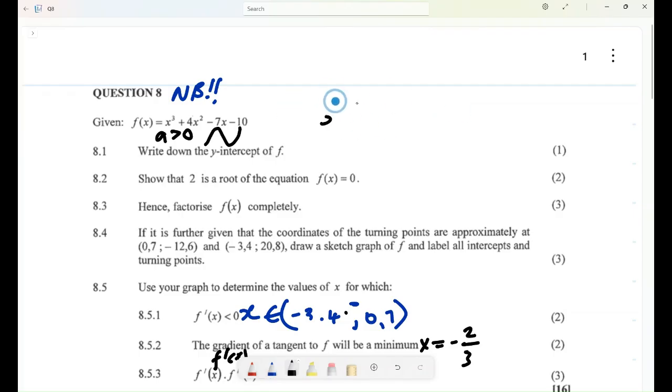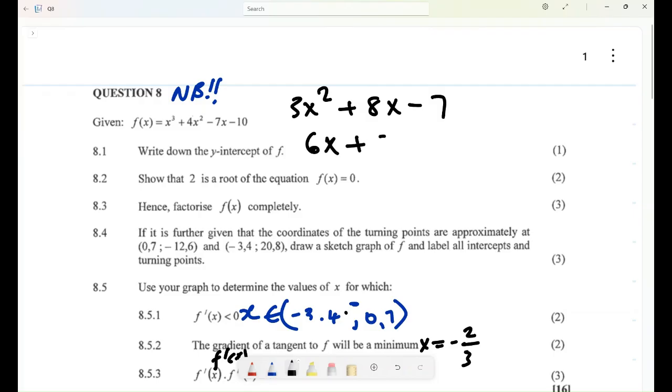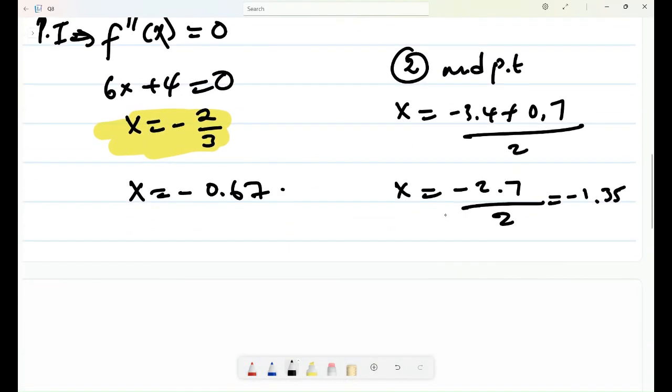First derivative: this is 3x squared, I probably derived wrong, plus 8x minus 7. Then the second derivative is 6x plus 8 equal to 0. Let's see. x is equal to negative 4 divided by 3, which is negative 1.33 recurring.